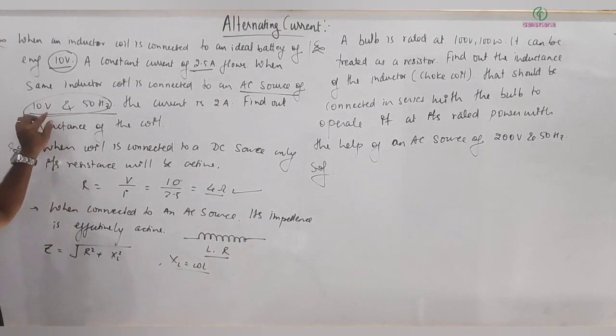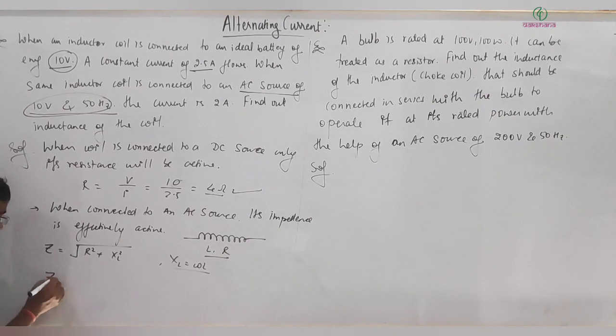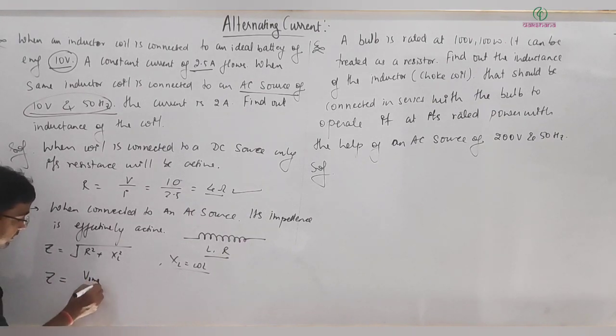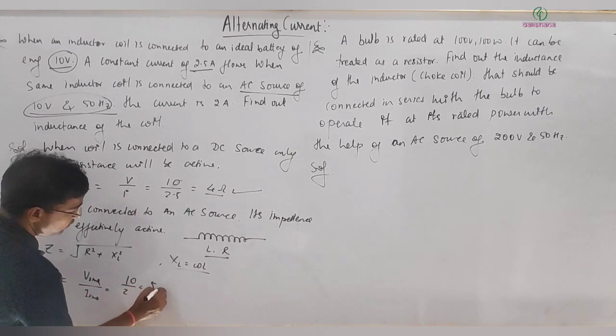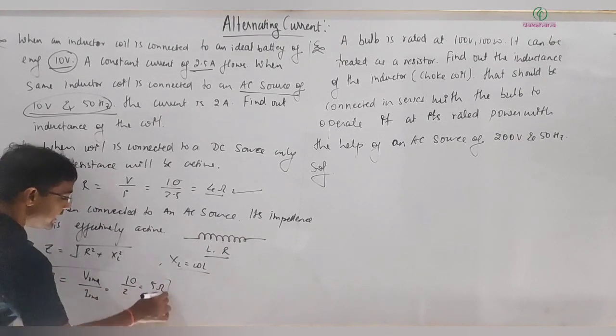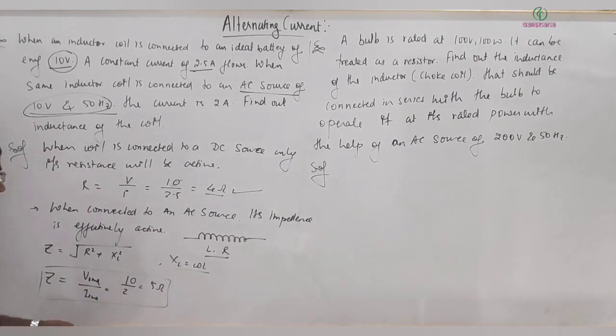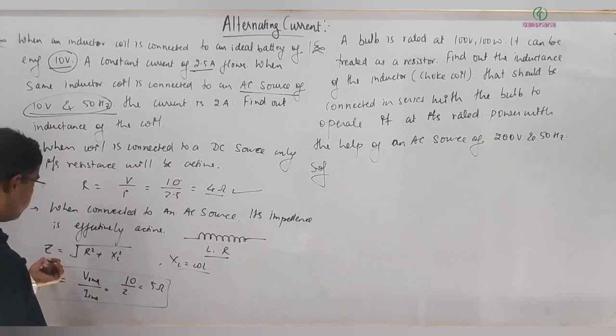So we are already given the RMS voltage and the current. So I can get the impedance Z, given by V RMS divided by I RMS, and that comes out to be 10 divided by 2, it's 5 ohm. So I got the value of Z, the impedance of the coil, and impedance is given by this, so I can substitute here.